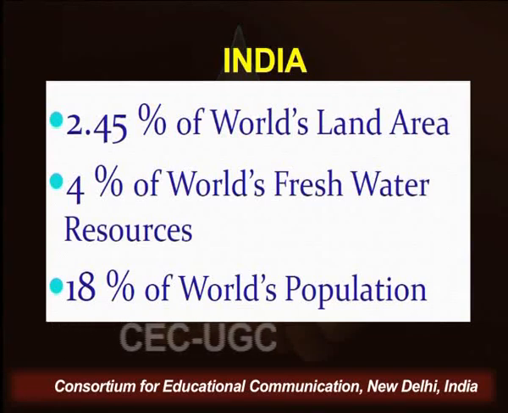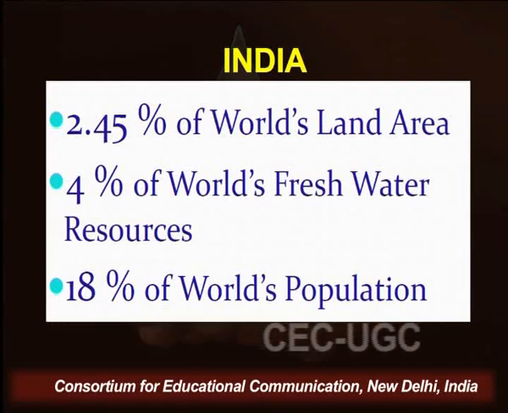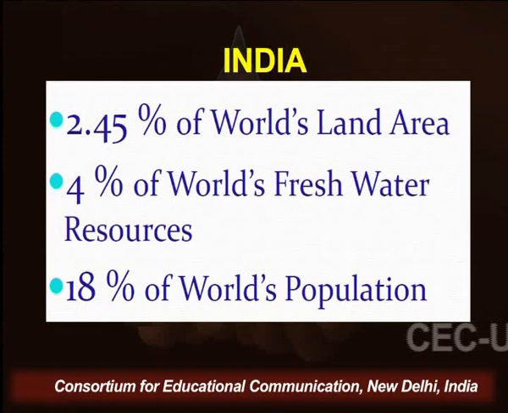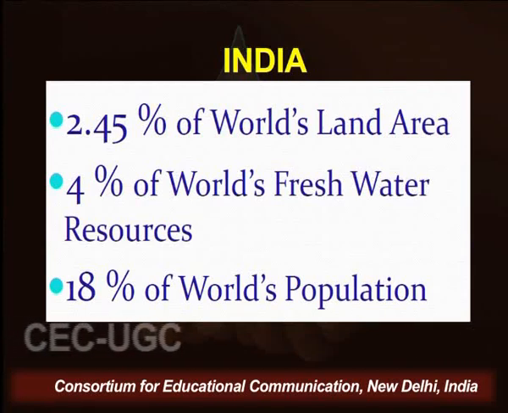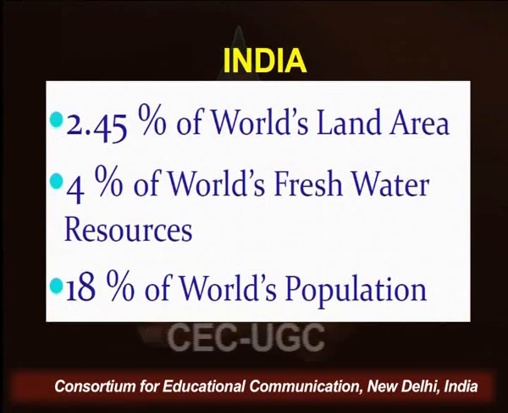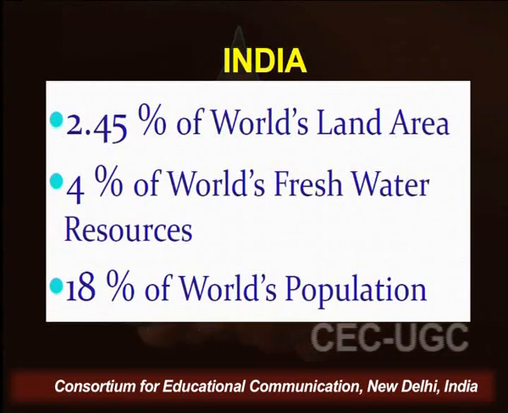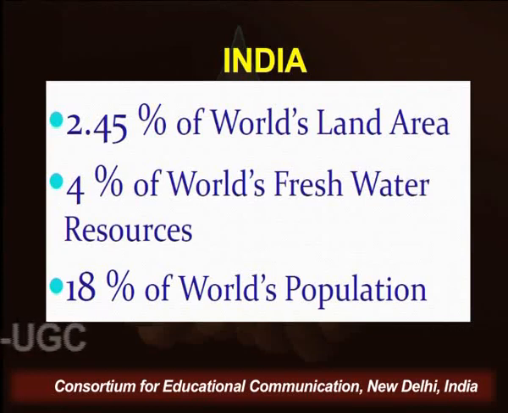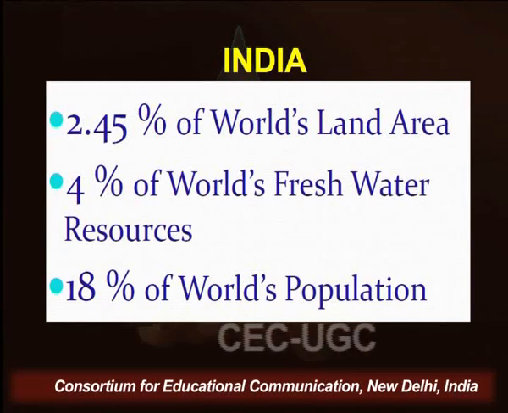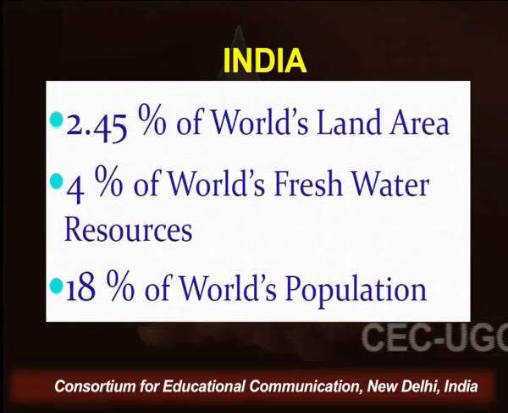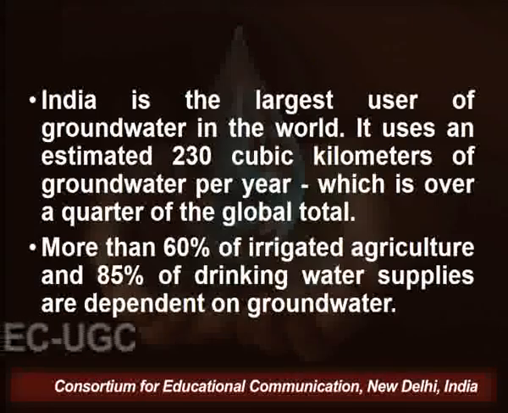I would like to discuss the example of India with you. When we look at the land area of India, we find only 2.45% of the world's land area is occupied by India. And India has 4% of the world's fresh water resources and 18% of the world's population.